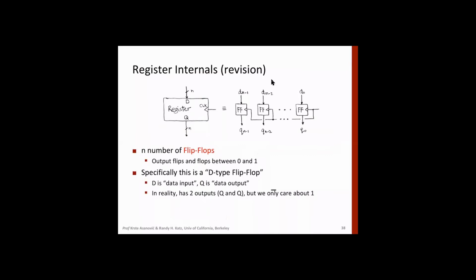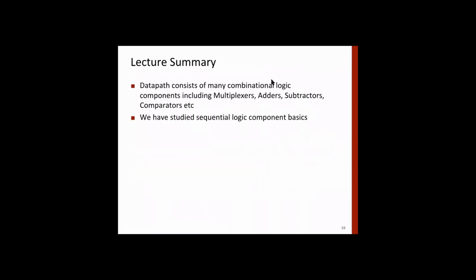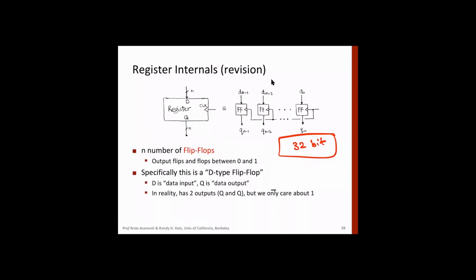If it's a 32-bit register, there will be 32 flip-flops inside it. So this is what we have studied now, and based on this, we'll look at the second part, which is using these components, how we can further develop the data path. Any question?